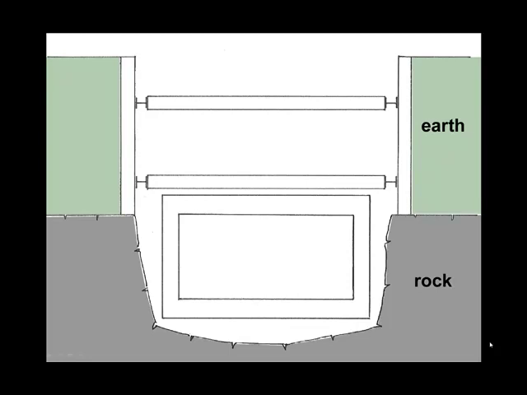So now I've drawn a typical section which is a lot closer to reality and shows the rock over excavated. You also have to be extremely careful that you don't over excavate it to the point where it may undermine the supportive excavation of the earth layer above the rock.